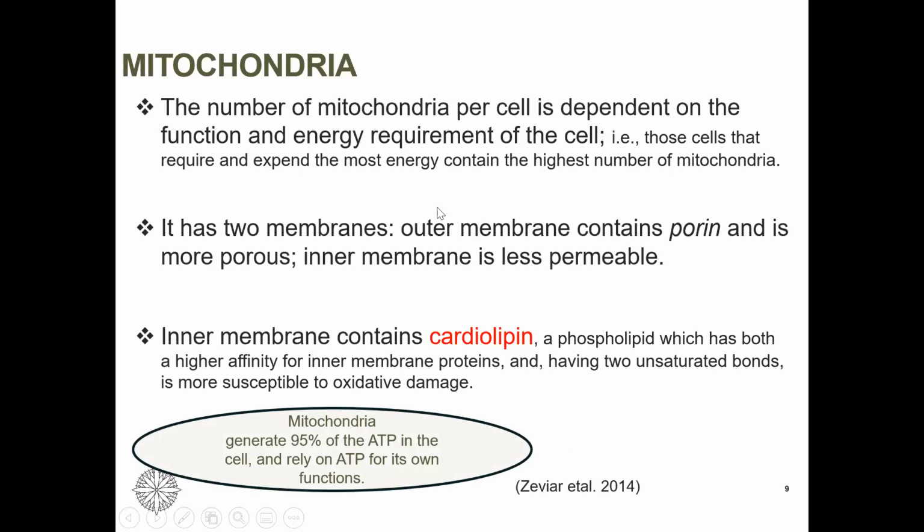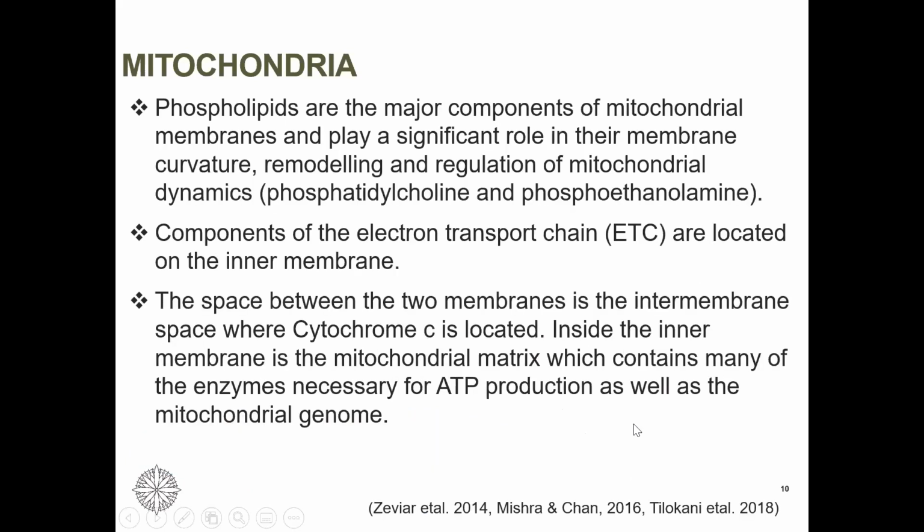So it is very important that we have healthy mitochondria and healthy membranes of mitochondria. And how do we ensure that? By ensuring that there are sufficient phospholipids, because they are the components of that membrane. Mainly, so far we know that it is made up of phosphatidylcholine and phosphatidylethanolamine.